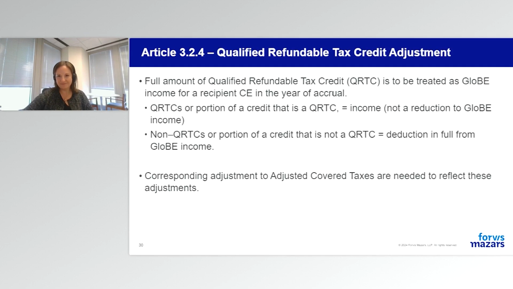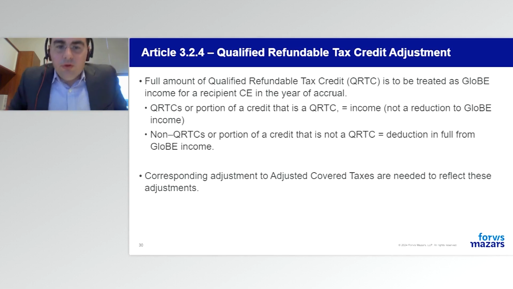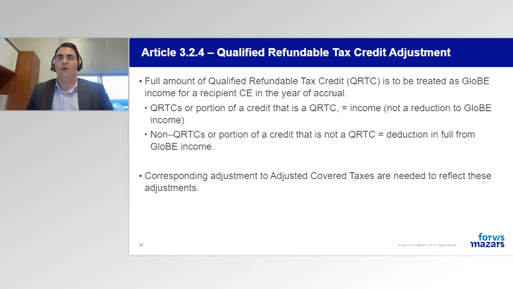Okay. So we're going to talk now about Article 3.2.4, which talks about the qualified refundable tax credit adjustments, otherwise known as QRTC. So, what is a QRTC, right? Before I explain the significance, a QRTC is a tax credit that's designed to be paid in cash or cash equivalents.